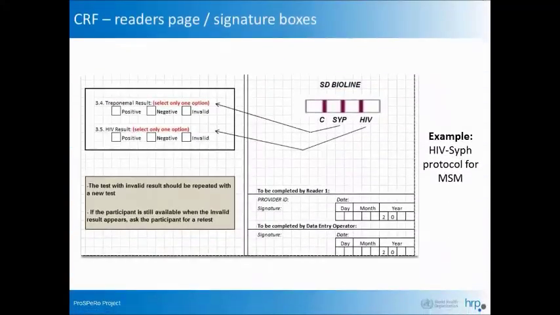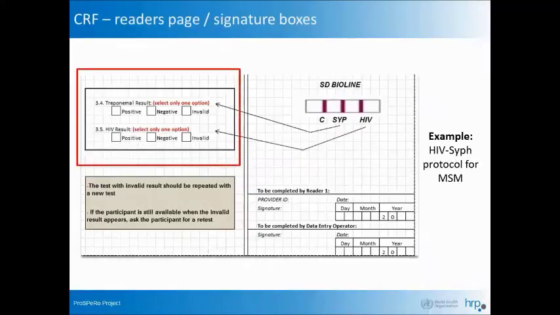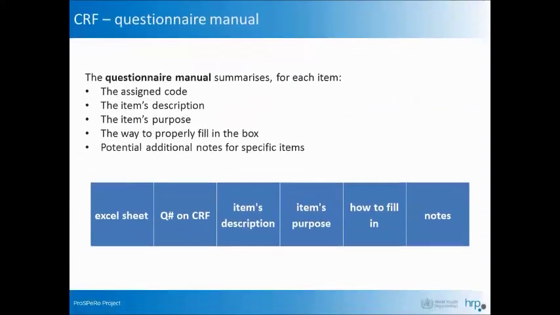Irrespective of the protocol you are implementing, each CRF or POCT reader has a box where the reader is supposed to record the results of the POCT. At the bottom of the page, both the reader and the data entry operator are requested to enter the respective data. Of course, each protocol has specific items in the interview form and in the reader's forms.